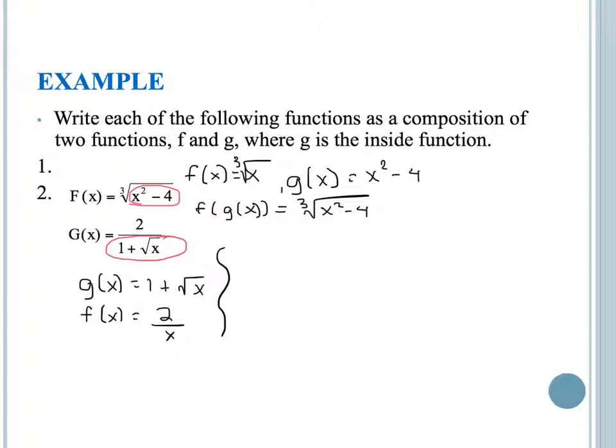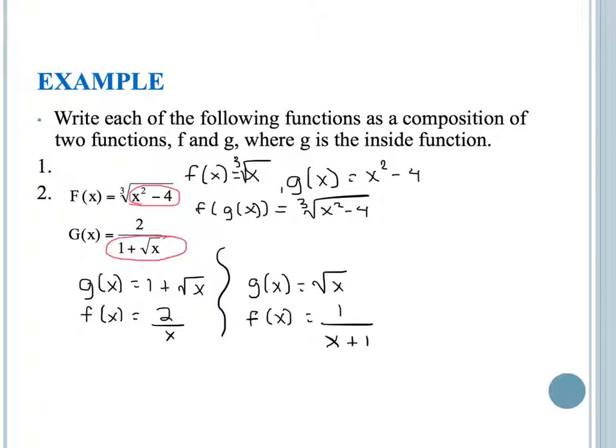That's one possibility. What if you didn't like that one? What if you wanted to say that g of x was the square root, and f of x was 1 over x plus 1? That would also get you the same thing.